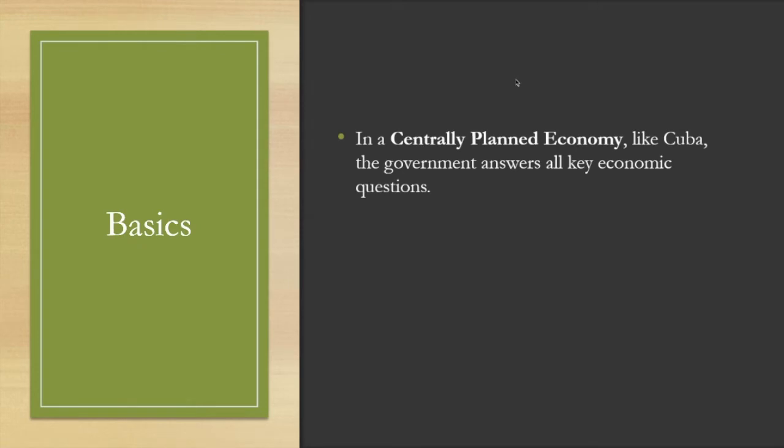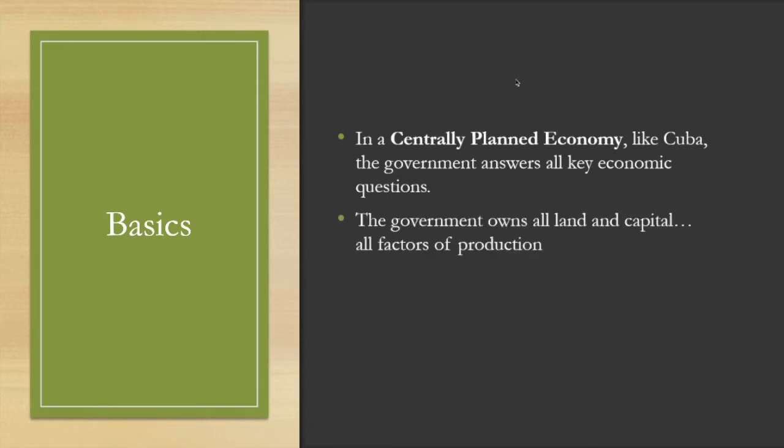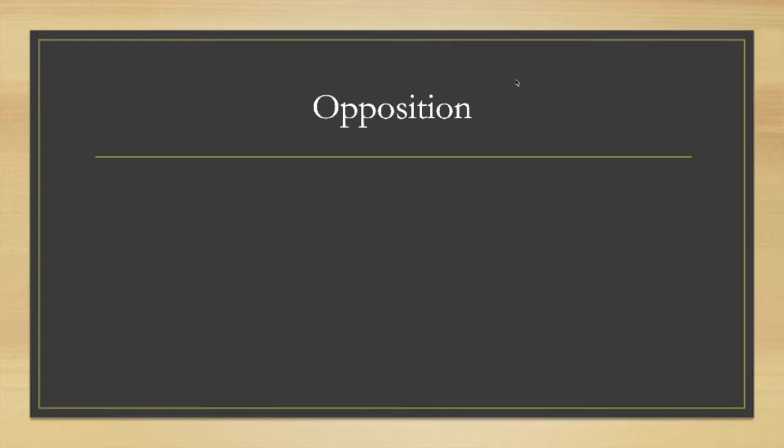In centrally planned economies like Cuba, you don't really have the freedom to make those decisions. The government answers all the key economic questions. They decide the what, the how, and the for whom. And they own everything that's incorporated in that. They own all the land and the capital, all factors of production, and they decide how it gets distributed.